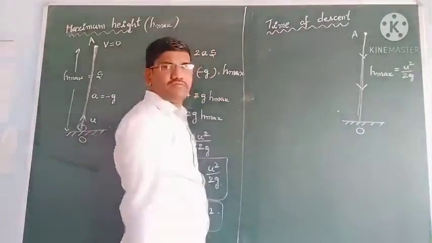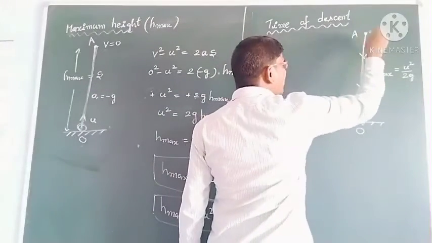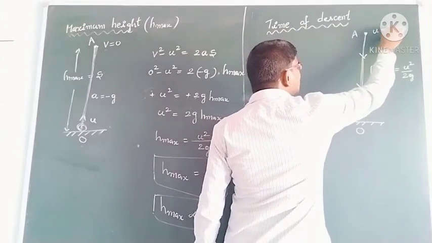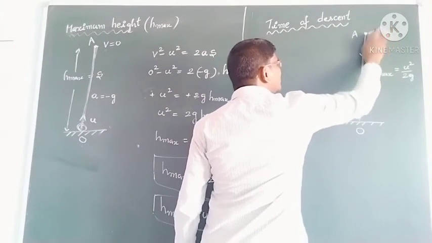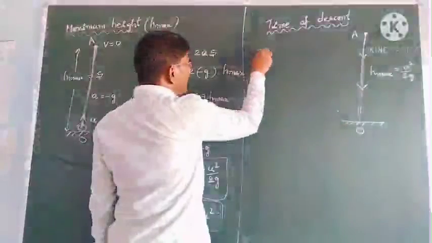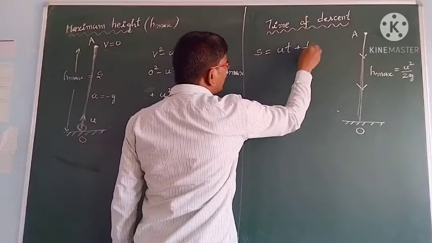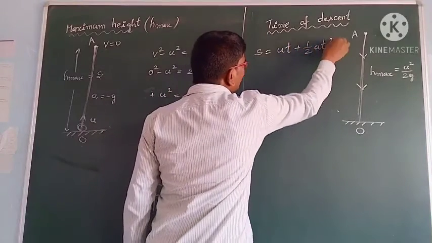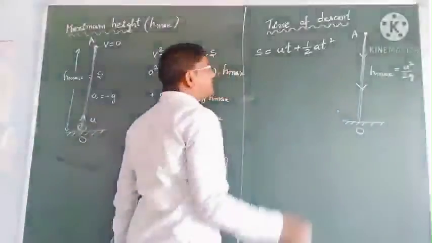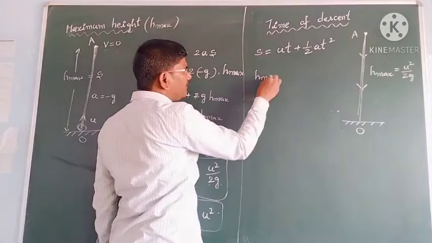since it is falling from the maximum height, this point is A. So while it is falling in the downward direction, you take initial velocity is equal to 0. Okay, see students. So I will use the s is equal to ut plus half a t square equation, since it is falling from the maximum height. So instead of s I can write h maximum.